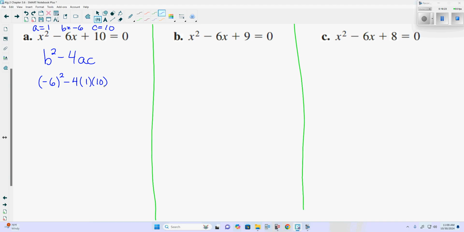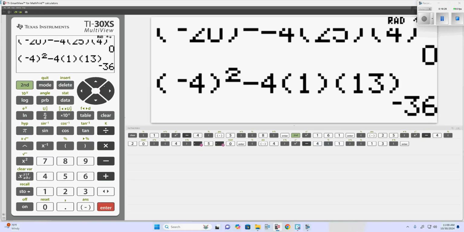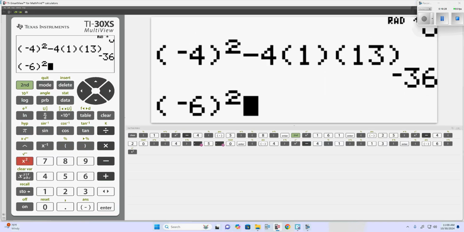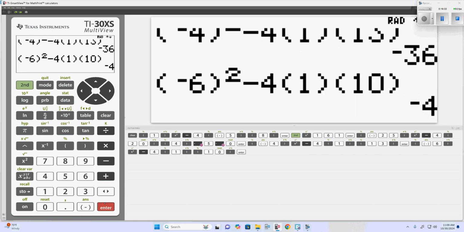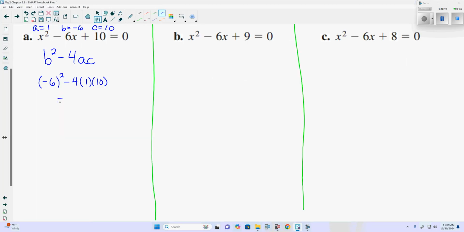The next thing we would do is negative 6 squared minus 4 times 1 times 10, which is negative 4. So is our discriminant greater than 0, equal to 0, or less than 0? Less than 0, so we have 2 complex solutions.